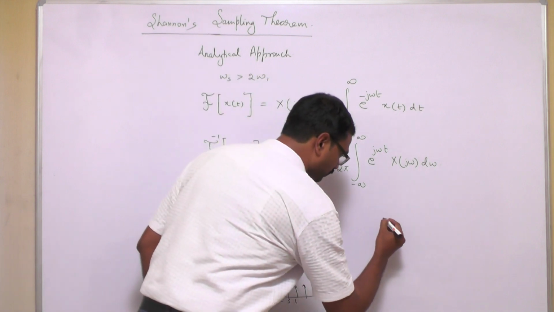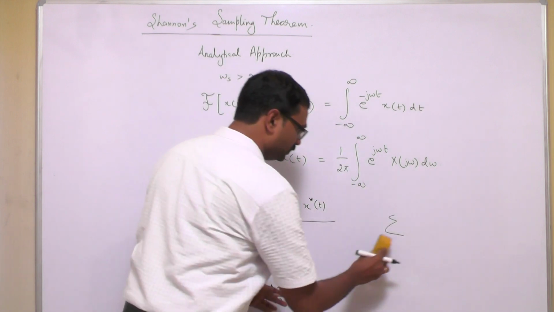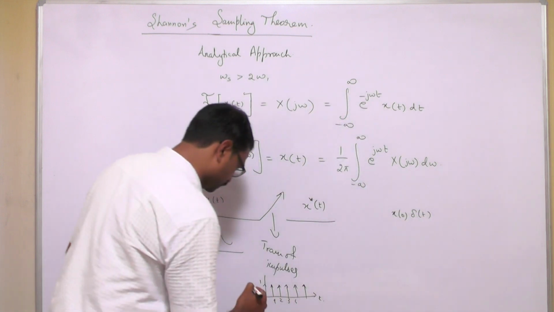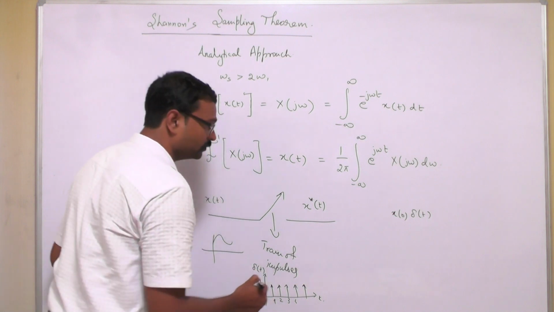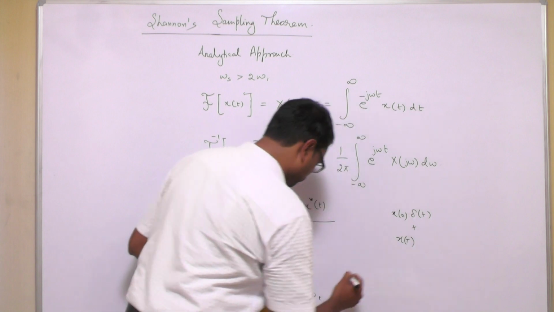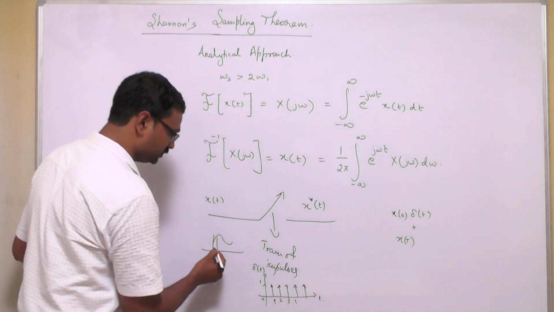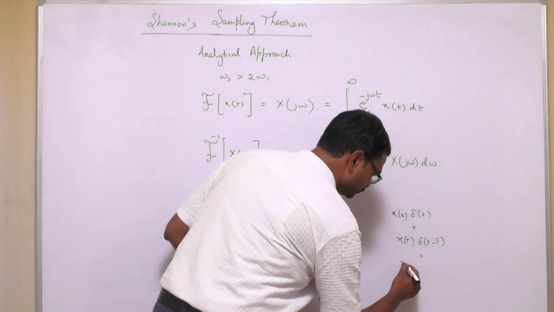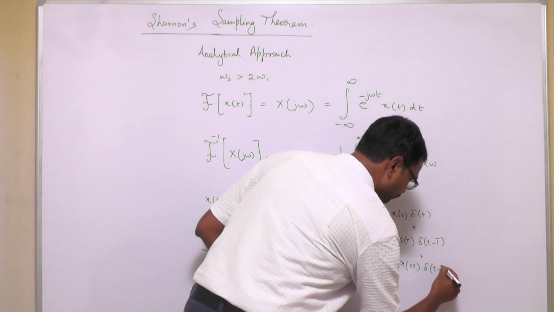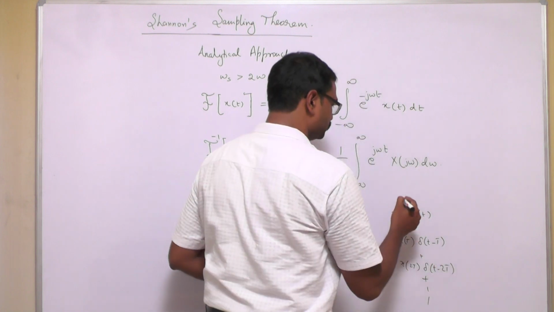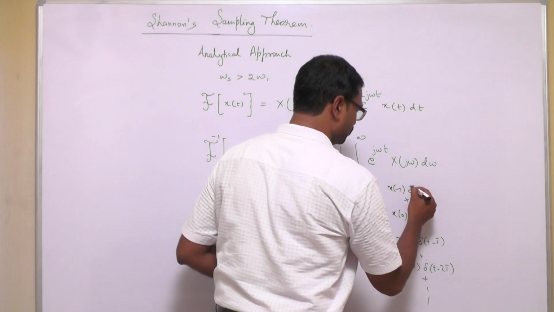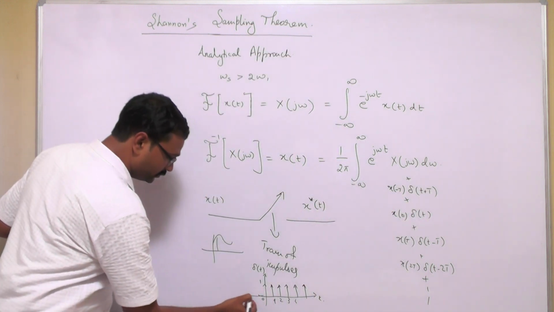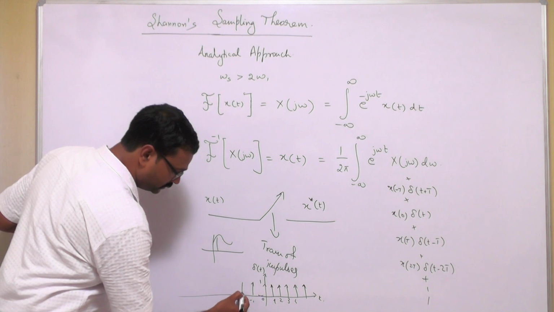So you can say it is x of 0 del of t, plus x of t into del of t minus t, plus x of 2t del of t minus 2t, plus so on. And also you have x of minus t del of t plus t, plus the backward, where you have unit impulses on the negative side also.